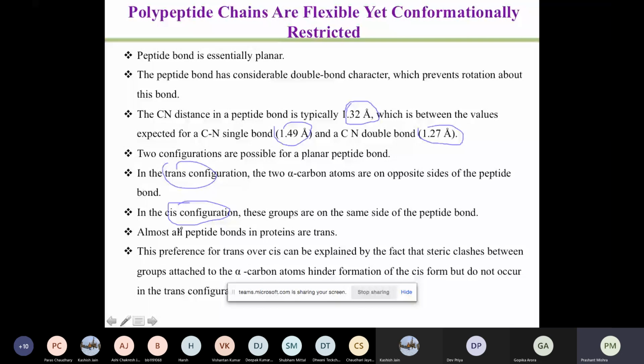Almost all peptide bonds in proteins are in the trans conformation. This preference of trans over cis can be explained by the fact that the steric clashes between the groups attached to the alpha carbon atoms hinder the formation of the cis form, but do not occur in the trans form. In the next few slides, I will try to explain.